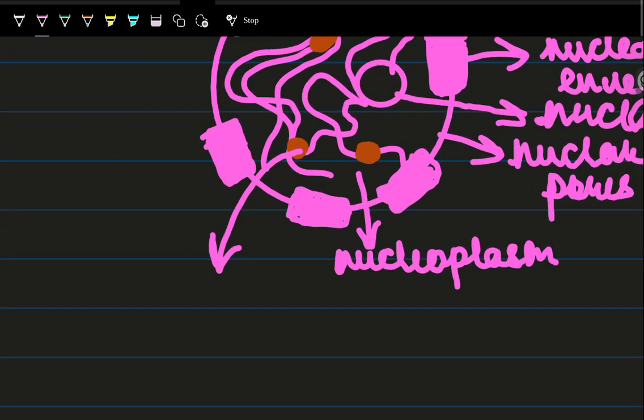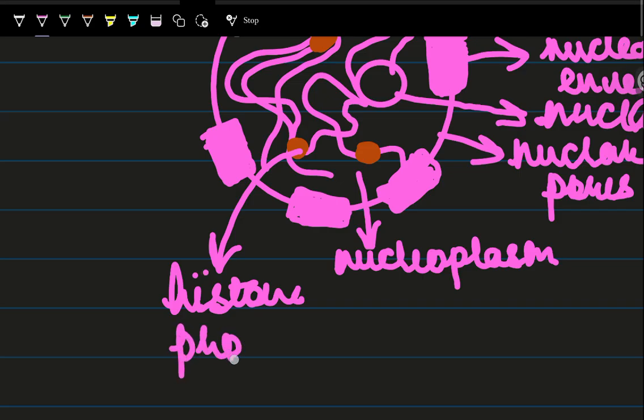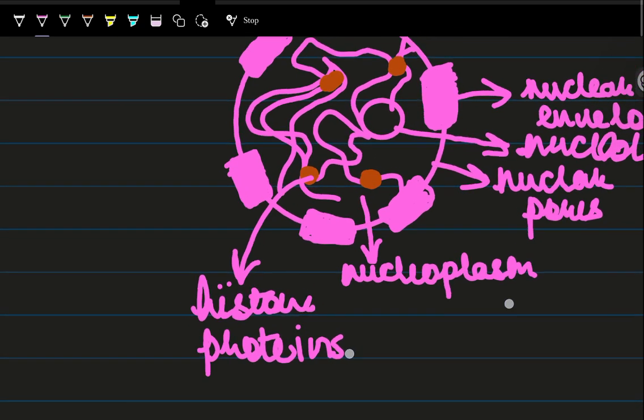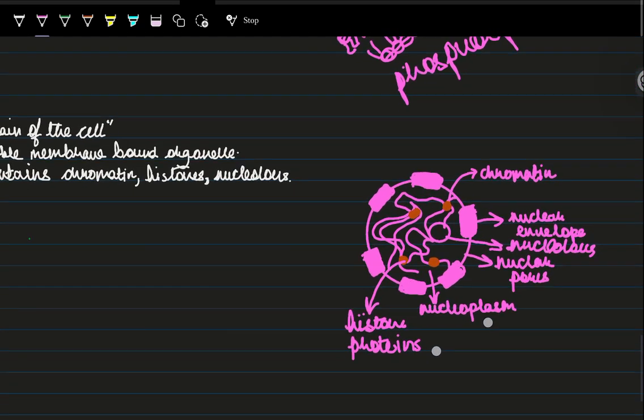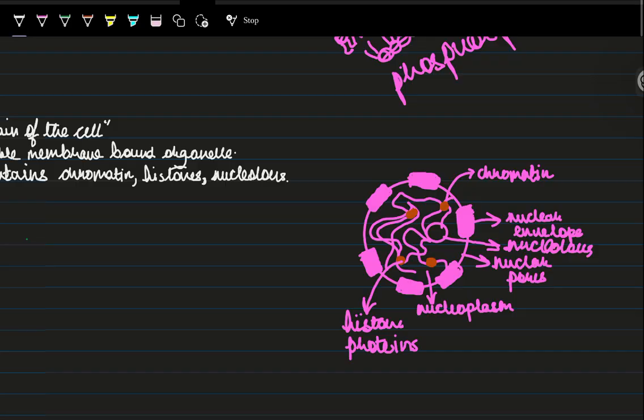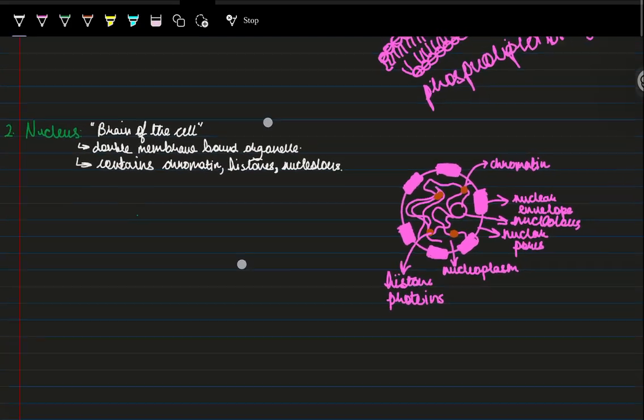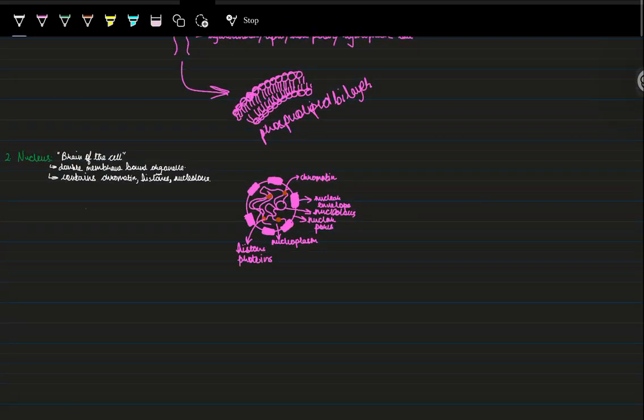They are known as histones. Histone proteins, let me write them as that. You don't need to know what the histone proteins are. You just need to know that they exist. Please write this down. I'm zooming out.